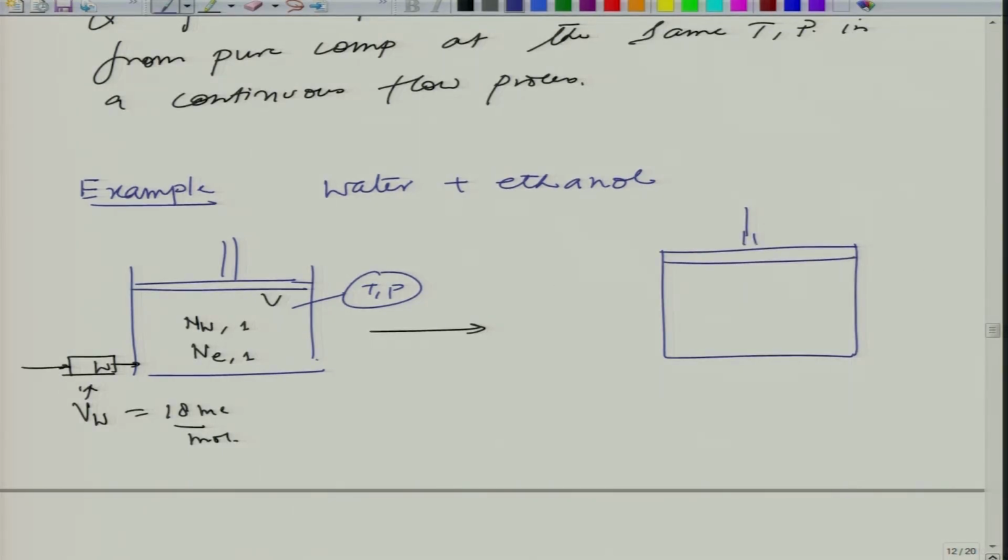Now, in this case, of course, there is a small change in the volume, delta V, and what has happened is that we have added a small amount of water, a small delta n.